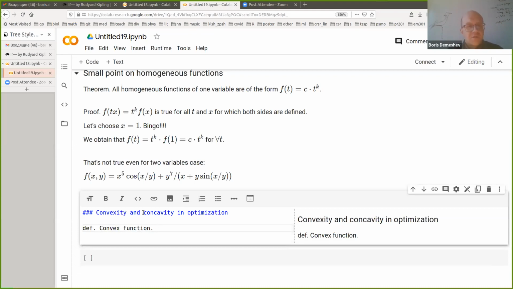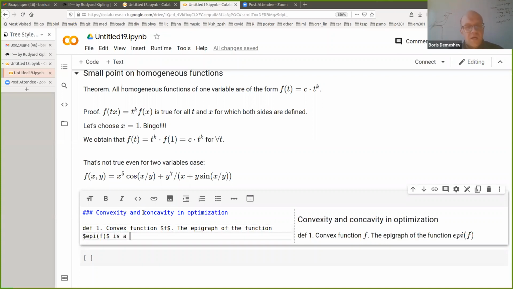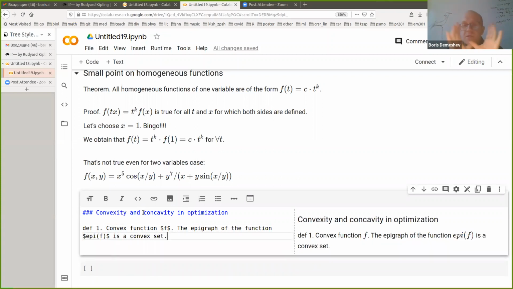One definition, let's say definition one: the epigraph of f, what is above the function, is a convex set. So the epigraph is what is above the function.